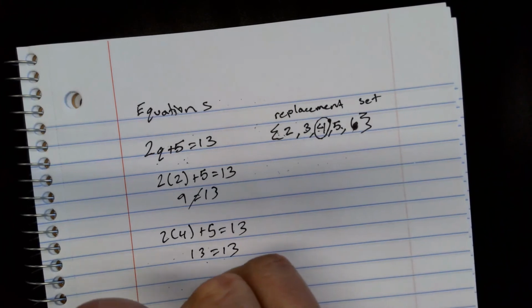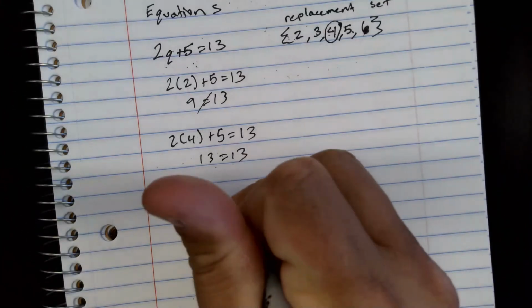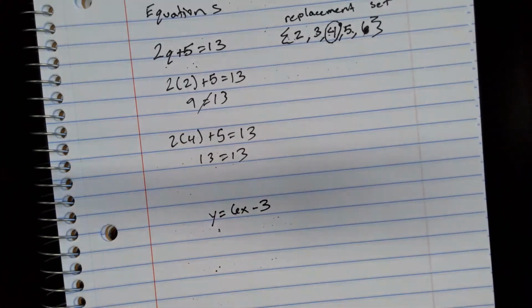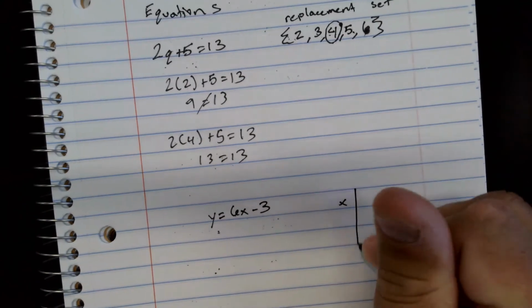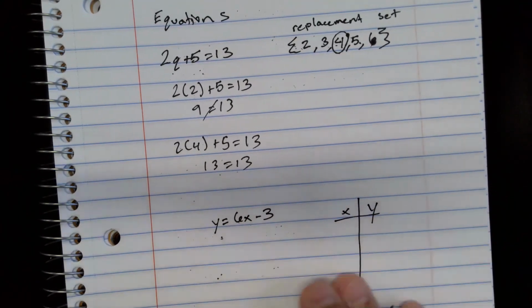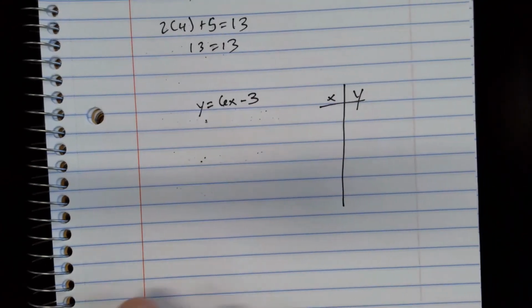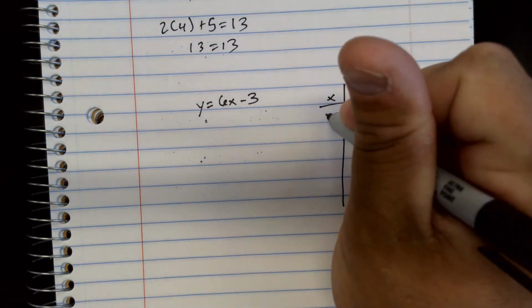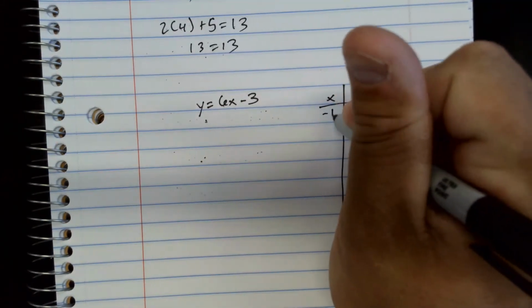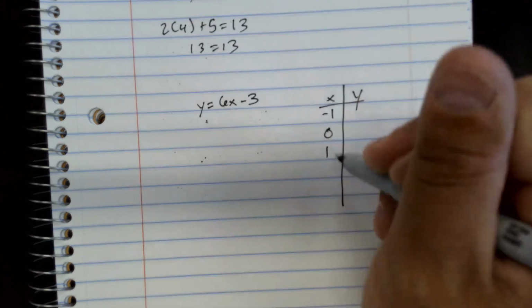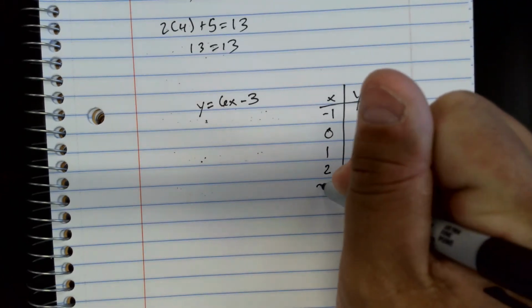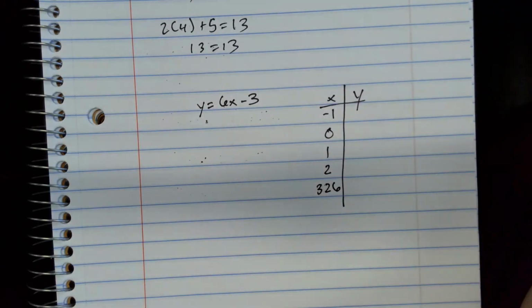So they're going to give you an equation like y equals 6x minus 3. And then they're going to have a table like this set up. They're going to give you x values, like x equals negative 1, 0, 1, 2, and 326. Right?